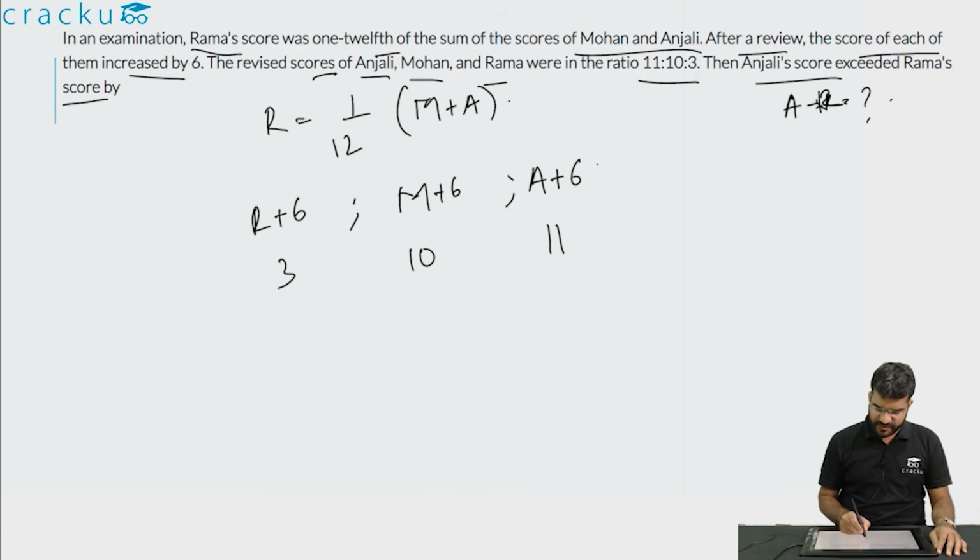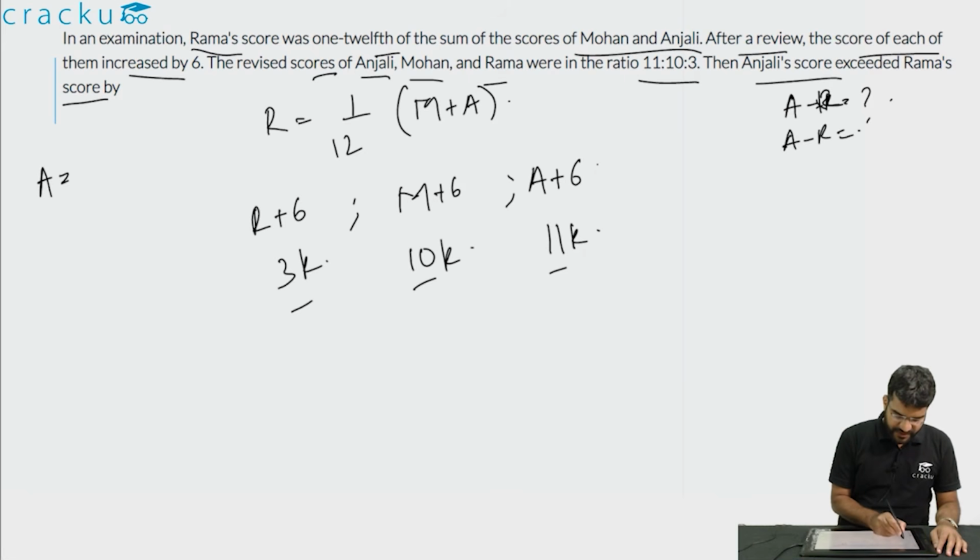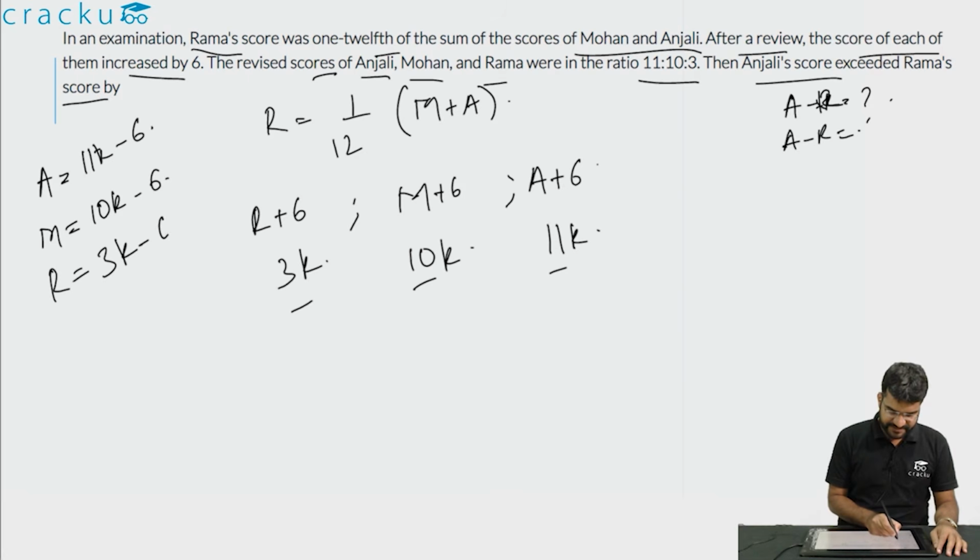So let us assume that because the ratios are 11:10:3, the actual values are 11k, 10k and 3k. Using this, we will calculate the value of k, then find out how much each one of them has scored, and then calculate the value of A minus R. So because A plus 6 is equal to 11k, A is equal to 11k minus 6, and M is equal to 10k minus 6, and R is equal to 3k minus 6.